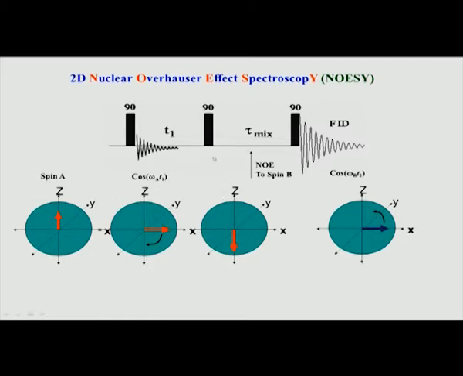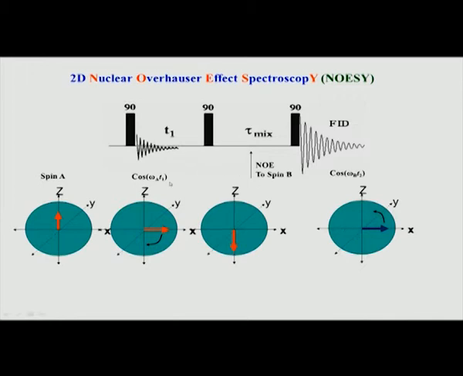Now, during this mixing period it comes to minus z, and then it transfers to B because of NOE, and then as we said, after the last pulse is applied, the spin A energy as polarization has gone to B, and now B is brought to the xy plane, which is shown by this blue, and B will start rotating in the xy plane by chemical shift.